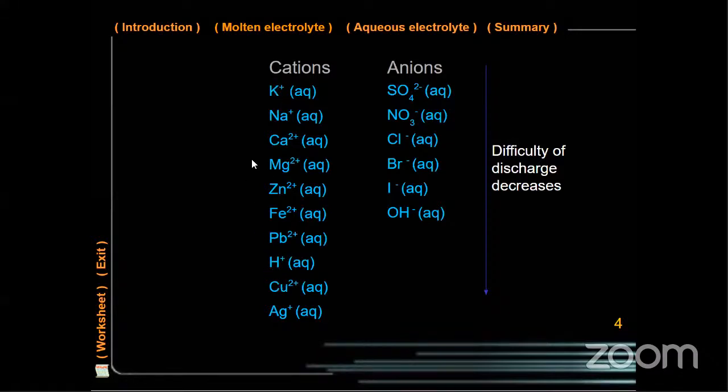For the anion, it will always be hydroxide because hydroxide is at the absolute bottom. But at the cathode, you don't always get hydrogen gas for a dilute solution. You have to take into consideration the metals that are below hydrogen in the electrochemical series, because those would be discharged instead of hydrogen in dilute solutions.